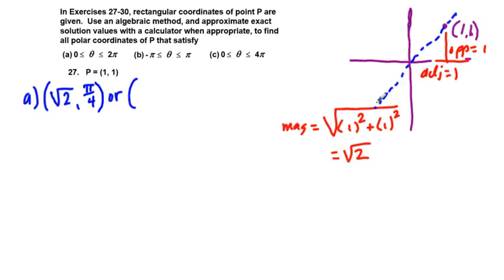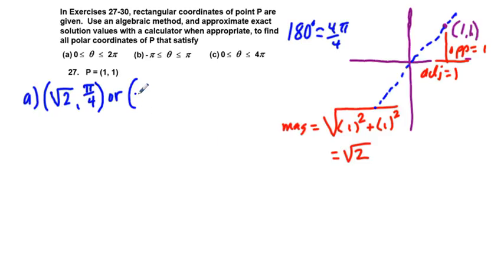and we would have to rotate another 180 degrees, and 180 degrees equals 4 pi over 4, right, or pi.